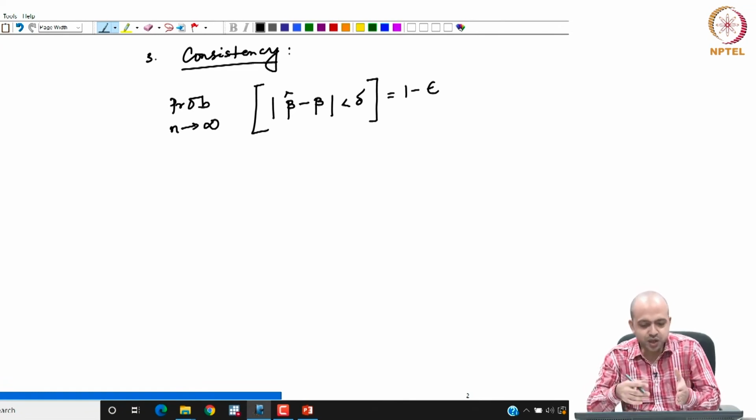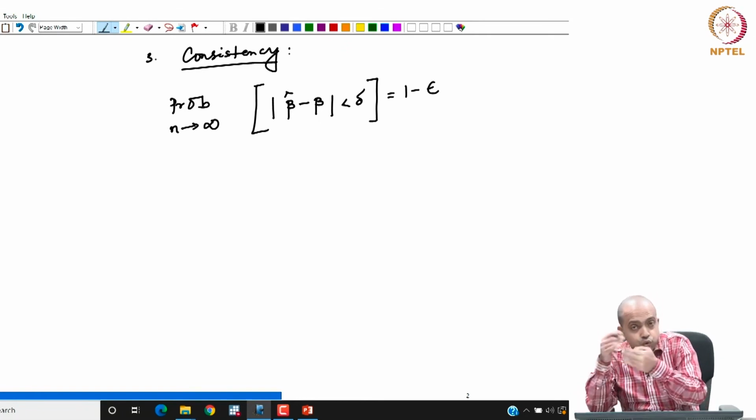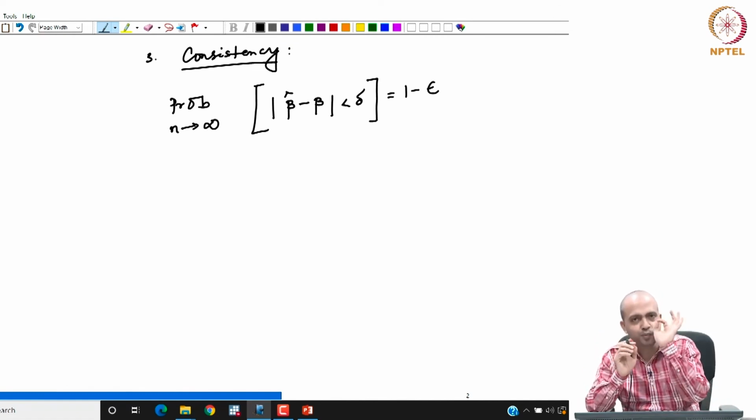If you think step by step, you can easily understand. Your beta hat value is the estimated value of the true population parameter. Beta is the true population parameter. So the difference between beta hat and beta should be minimum.